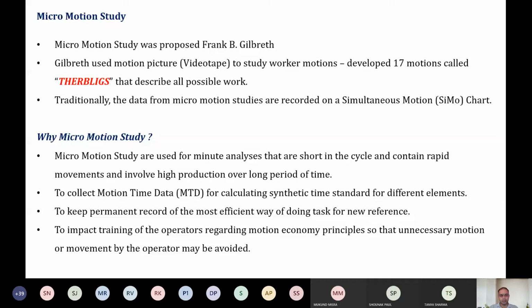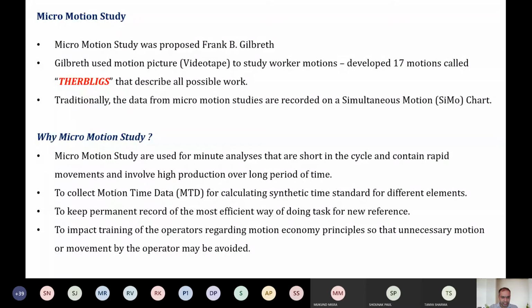So in micro motion study, I divide the movements of my employee into different elements, and for each and every element I video record. That means I collect the motion time data.